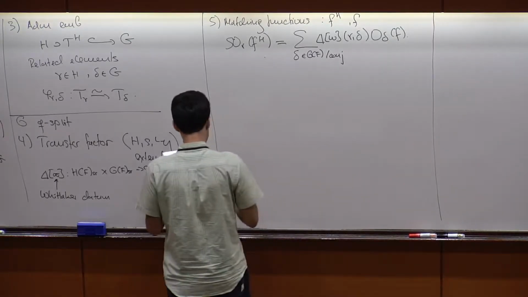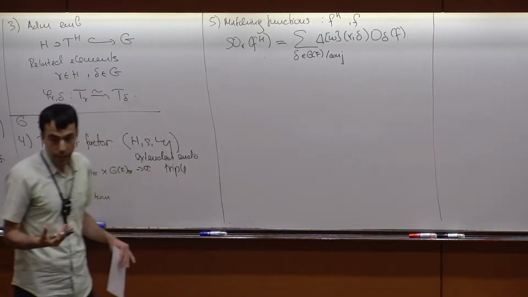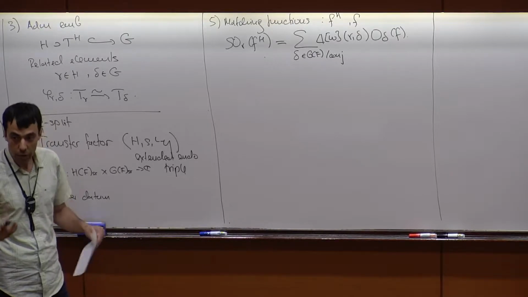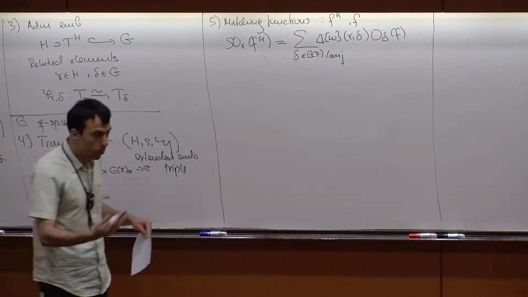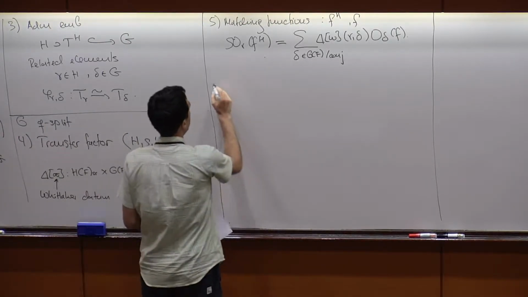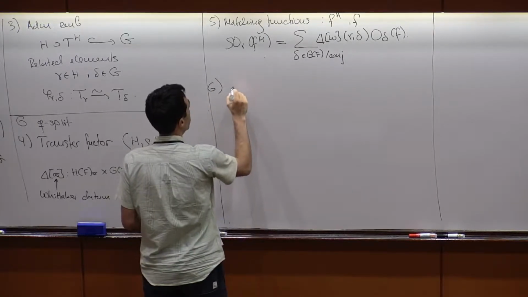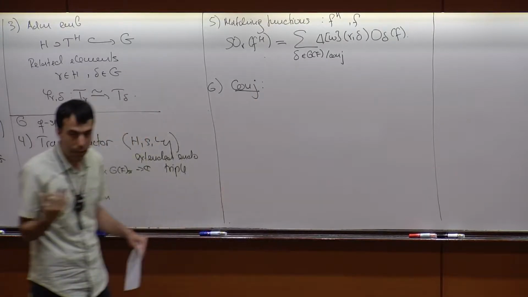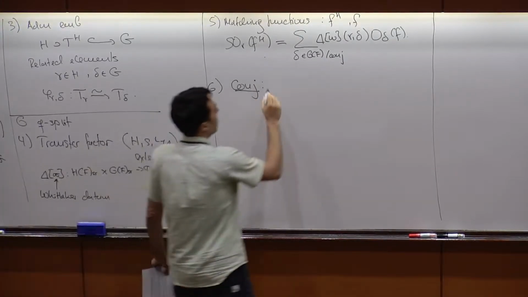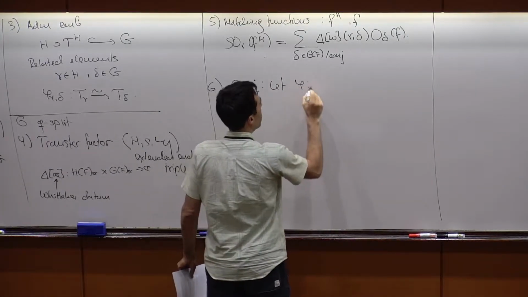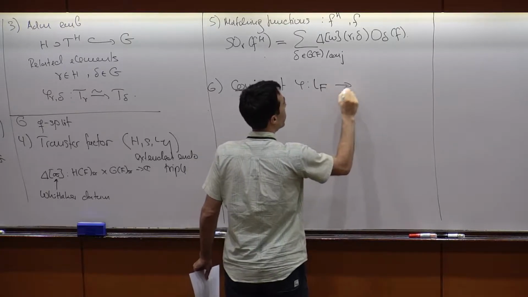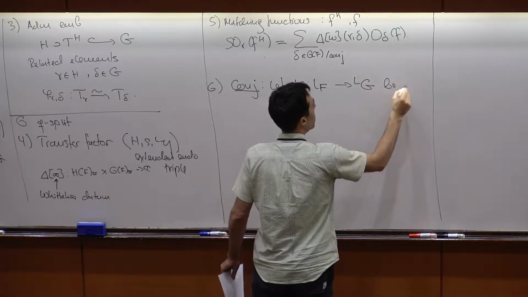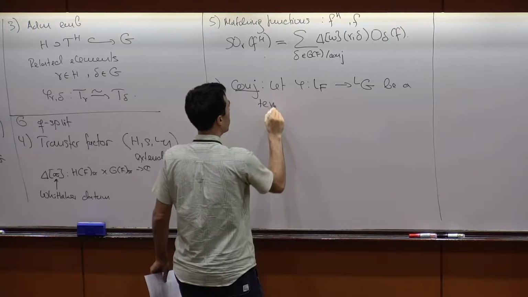And then finally, we had the spectral side of endoscopy, and I kind of rushed through it, so I want to say it more carefully now. It is the following conjecture, which encompasses the local Langlands conjecture. So let phi from L_F to LG be a tempered parameter.